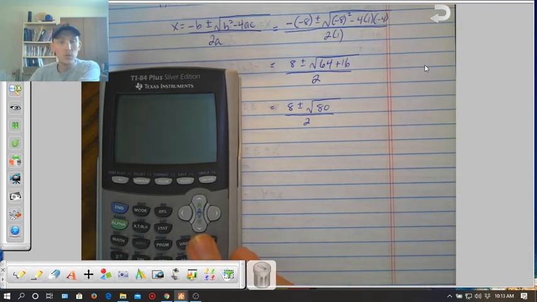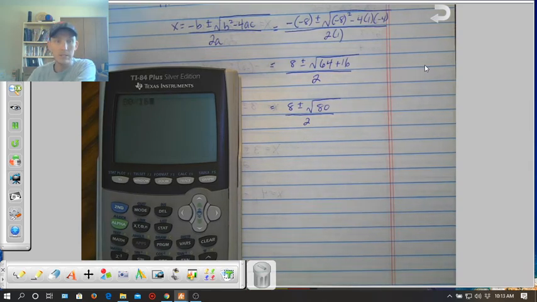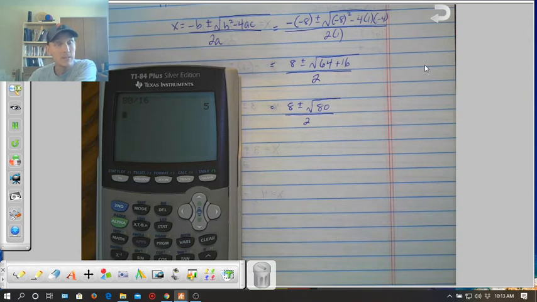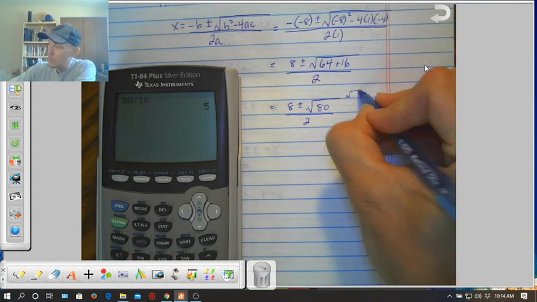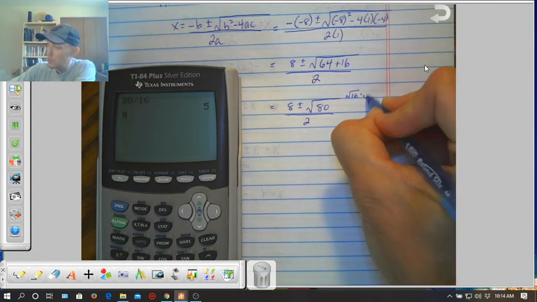So what I want to do is think about what perfect squares are in 80. Well, let's take 80 and divide it by 16. I picked 16 because 16 is a perfect square. So the square root of 80 is the square root of 16 times the square root of 5.